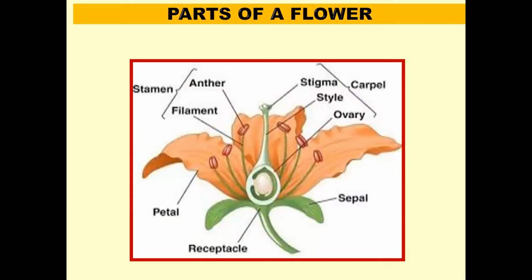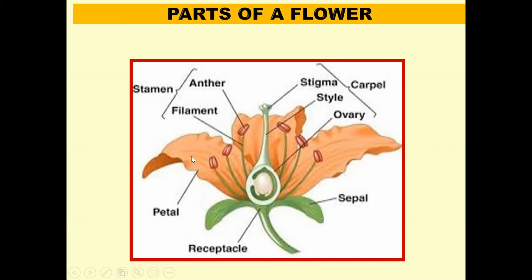Now in this flower, you can see different parts. This is the receptacle, also called thalamus. The green leaves of the flower are known as sepals. Sepals protect the flower when it is in the budding stage.